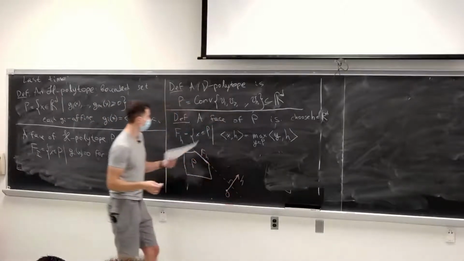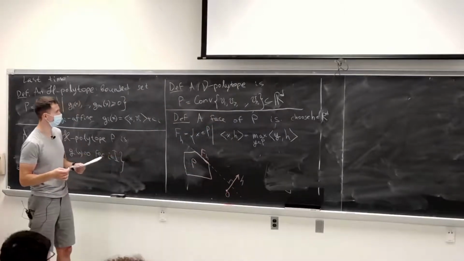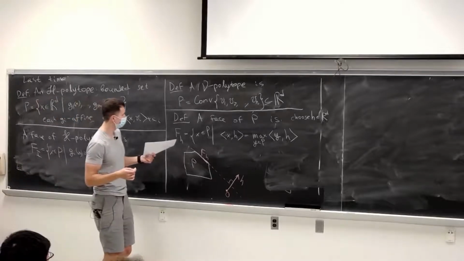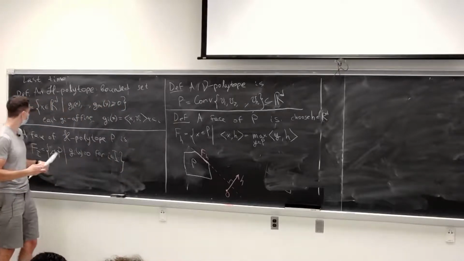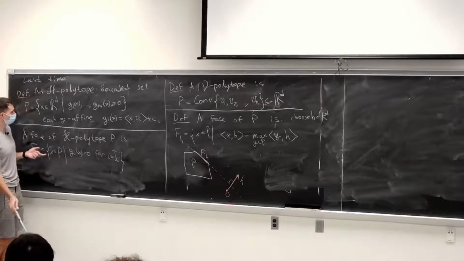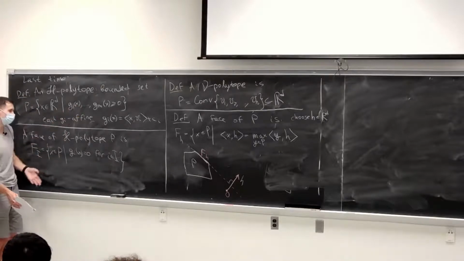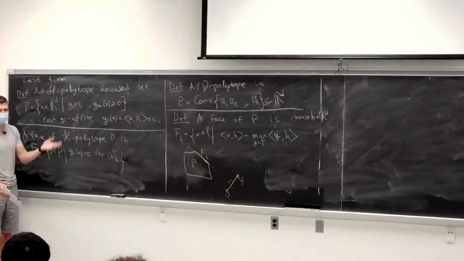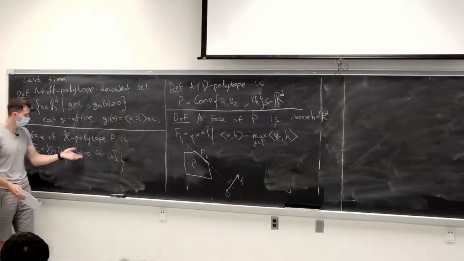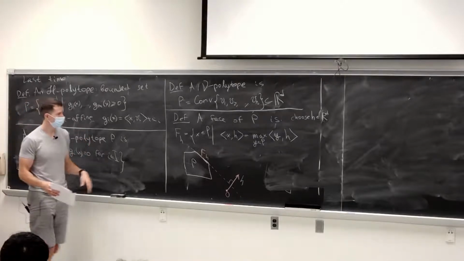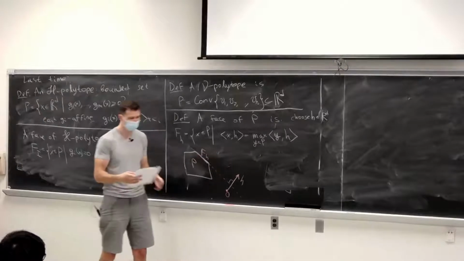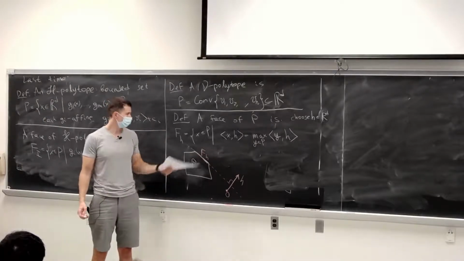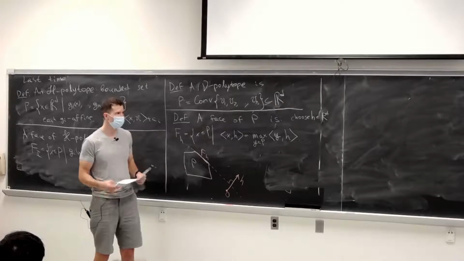And by the way, why is the definition hard to guess? The answer is that it's not algorithmic. The definition for H polytopes is very combinatorial. You have a finite set of inequalities, you go through all of them, solve a bunch of systems of inequalities and equations, and you're done. Here you have to go through infinitely many vectors, and it's unclear how to program this on a computer.